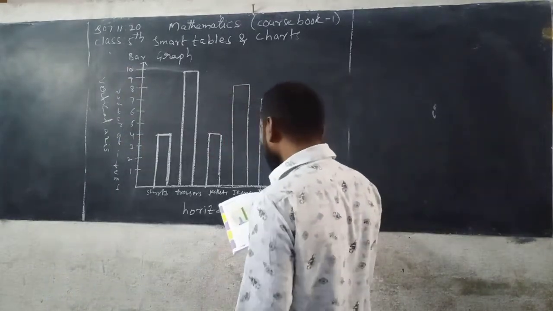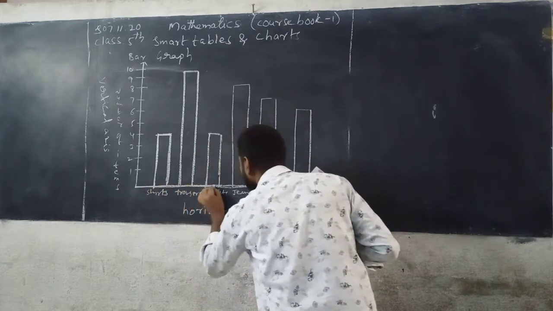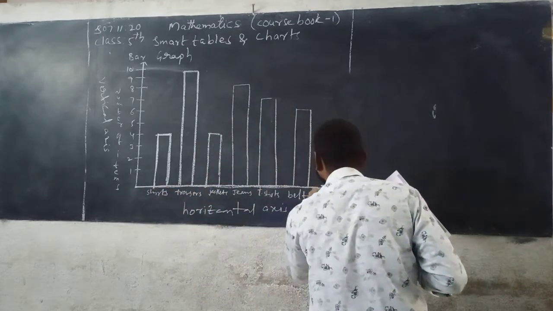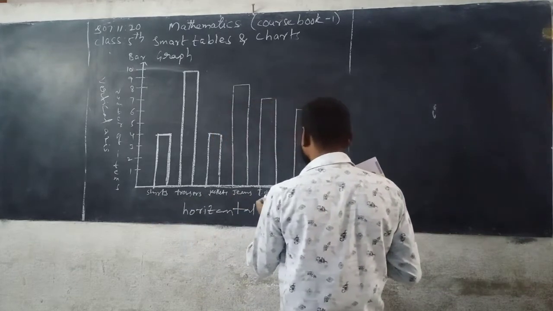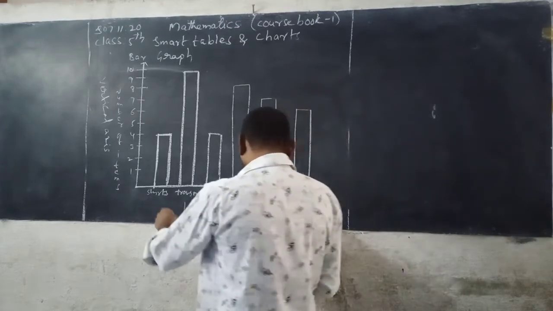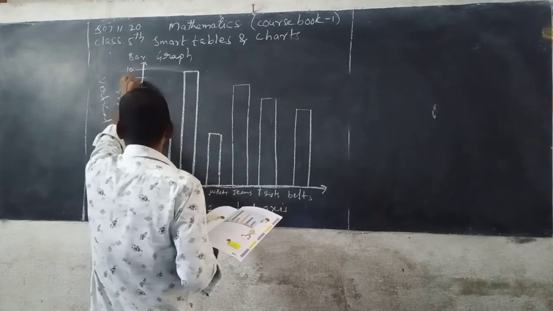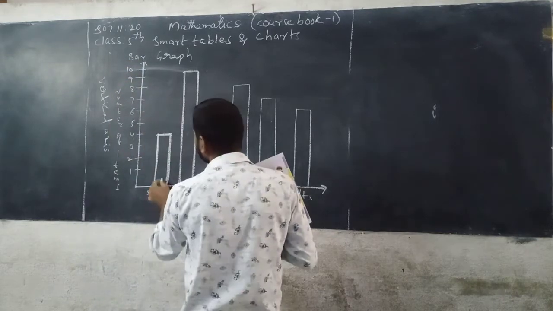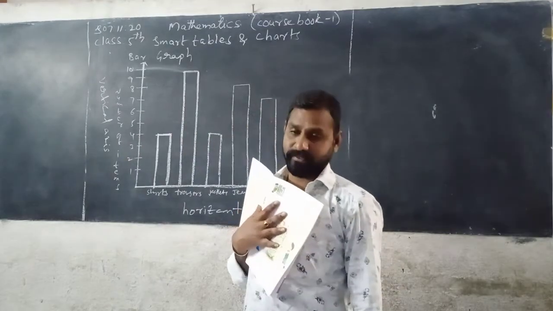The horizontal axis denotes the items sold. Items means here shirts, trousers, jackets, jeans, t-shirts and belts. The vertical axis denotes the number of items. So number of items means here shirts: how many shirts are there? 4 shirts. This is called the number of items.